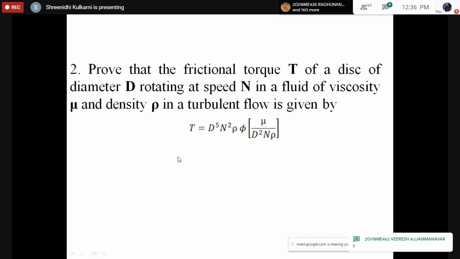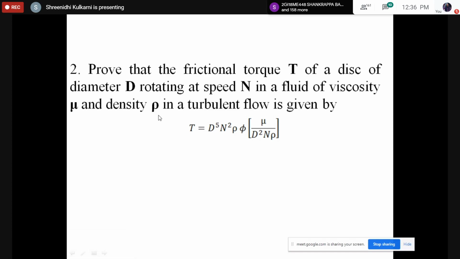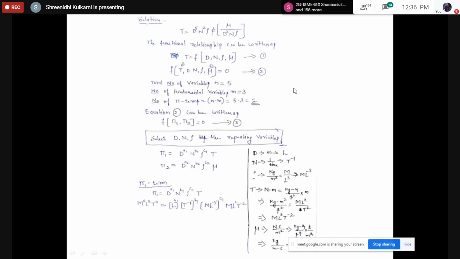Because suppose I write this torque is a function of 1, 2, 3 and 4. So the second step: we have the function of torque, this is one variable, then 2, 3, 4 and 5 variables. So this is the solution. Try to solve everyone.